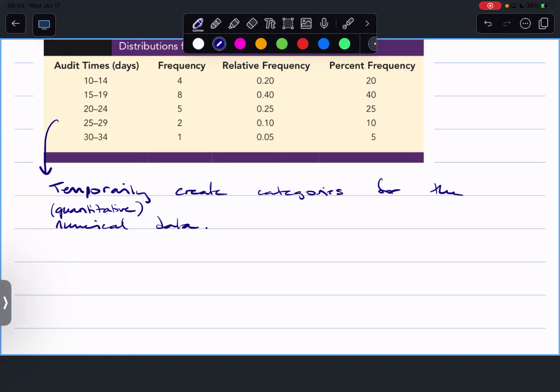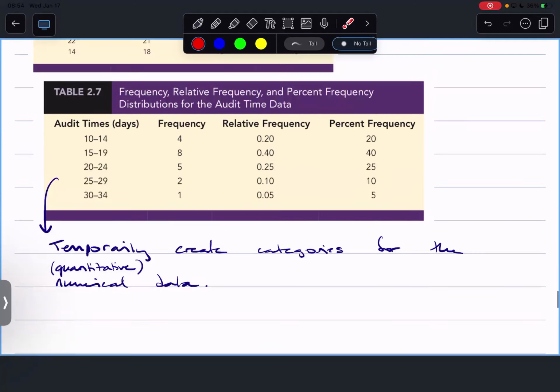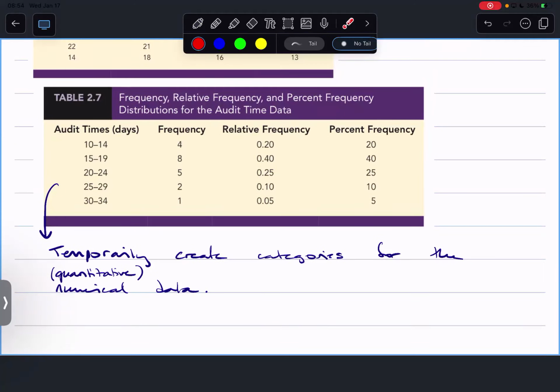So if you group the 10 to 14, 15 to 19, 20 to 24, and so on, just make sure there's no overlap. Kind of a classic mistake. 10 to 15, 15 to 19, or 15 to 20, that would be a potential breakdown. But if you have an observation of 15, which bin does it go in?